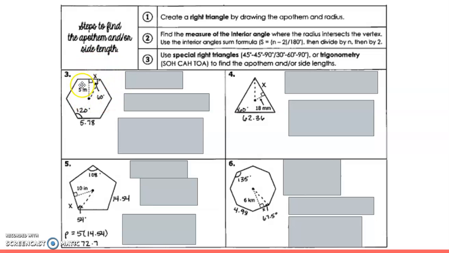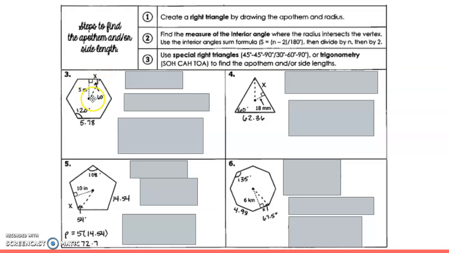Now that we have a right triangle with one of our angles, we can either use our special right triangles or we can use our trig ratios to find the apothem or the side length that's missing. So looking at this problem for number 3, the apothem is 5. What we need to find is our side length.